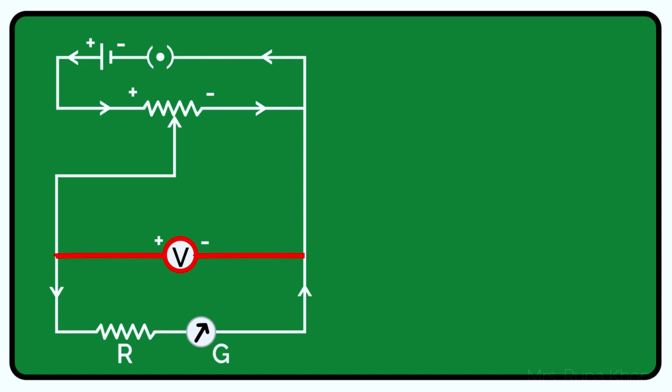A voltmeter is always connected parallel across the cell or resistance. A voltmeter has very high resistance so that it does not draw any current through it. So when we take a galvanometer and connect a very high resistance in series with it, we get a voltmeter of the desired range, where R is the value which we need to calculate.